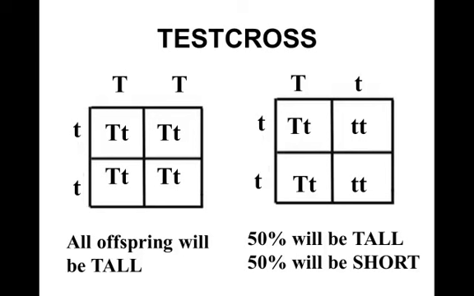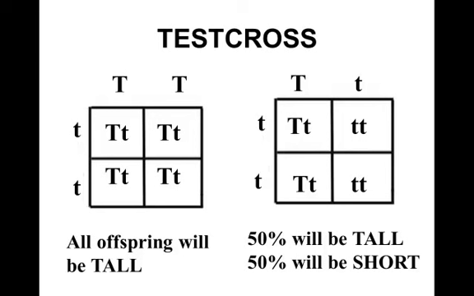About half the offspring are going to be tall, with the big T, little t combination, but half of my offspring are going to show that recessive trait. Because the recessive allele is hiding there in the parent, if I cross it with a parent that has the recessive trait, I have a possibility of making offspring that show the short phenotype. And so that's the way I can tell.